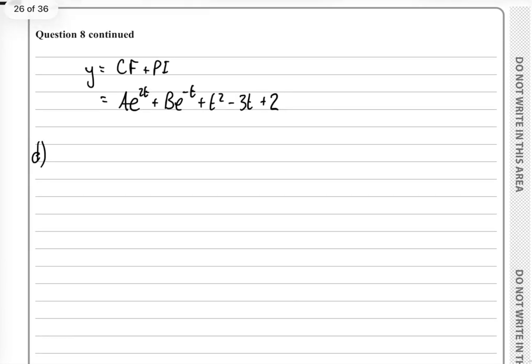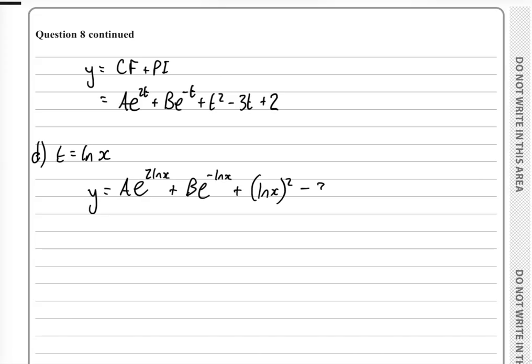Part D, t is equal to log x, put that in, y is equal to a e to the 2 log x plus b e to the minus log x plus log of x squared minus 3 log of x plus 2.